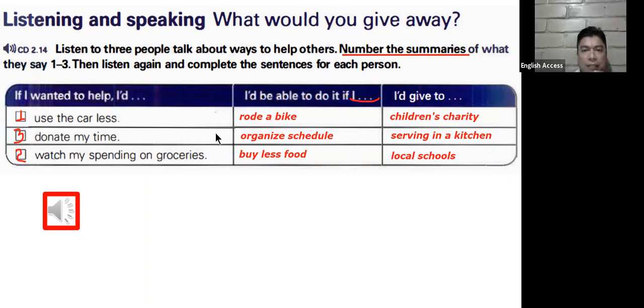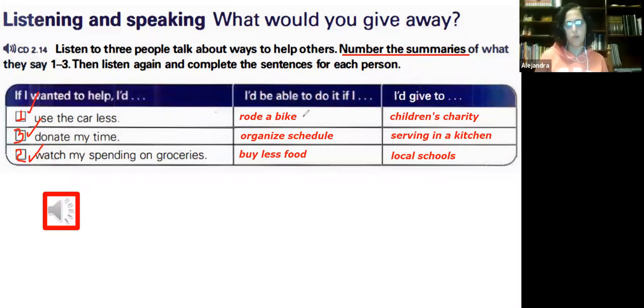What do you have, guys? Number 1, use the car less. 2, watch my spending. 3, donate my time. We're doing good. What about I'd be able to do it if I rode my bike?